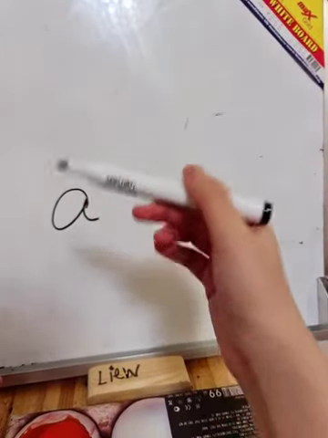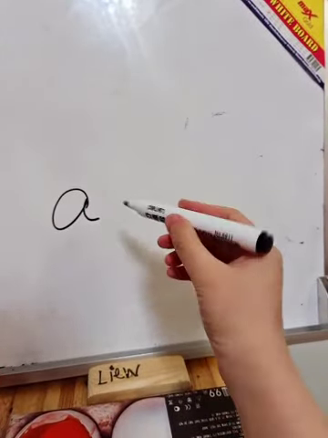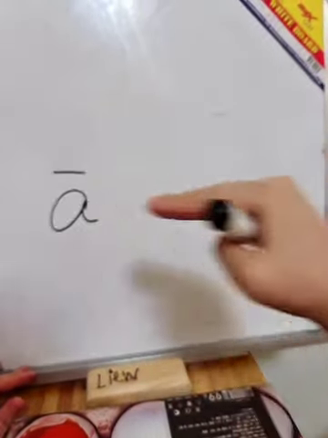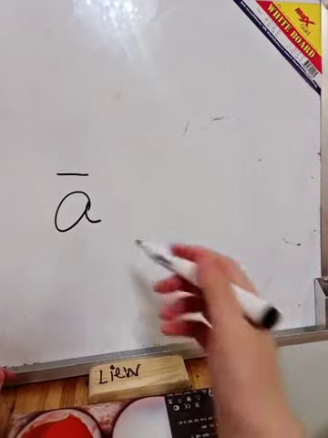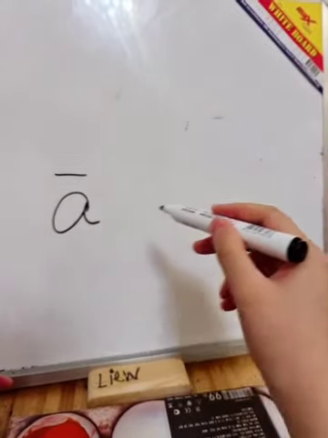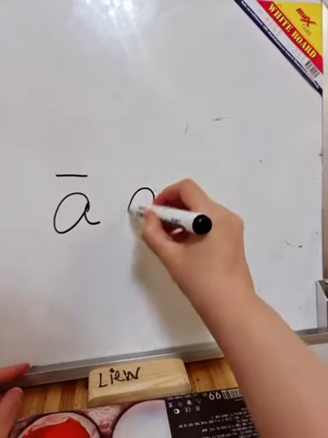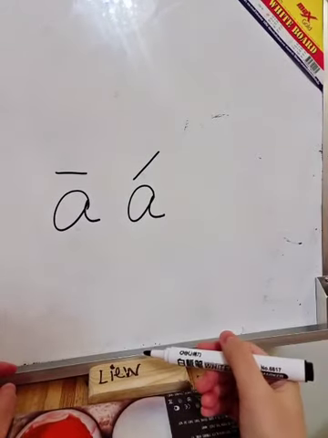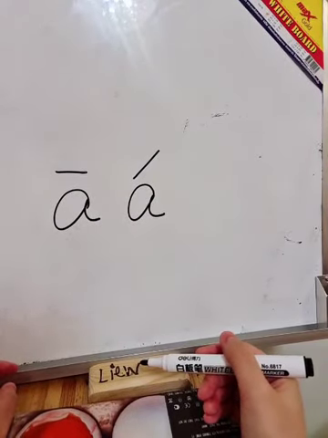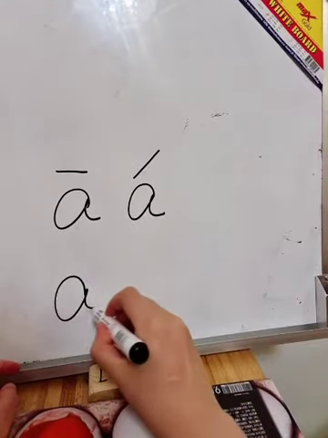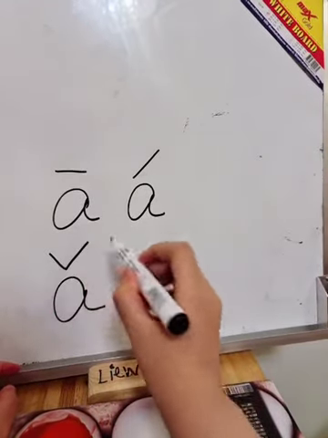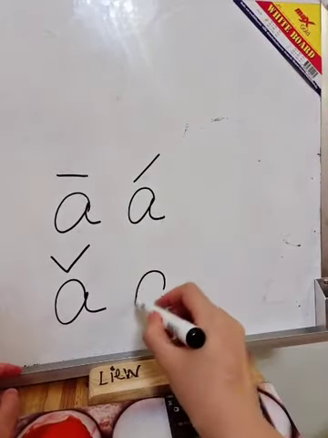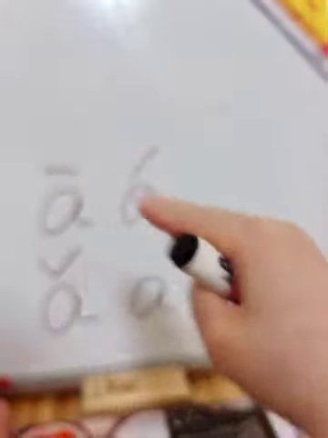The first tone is a very plain pronunciation, ā. The second is a rising tone, á. The third, we go down and rise again, ǎ. The fourth, we just go down, à.